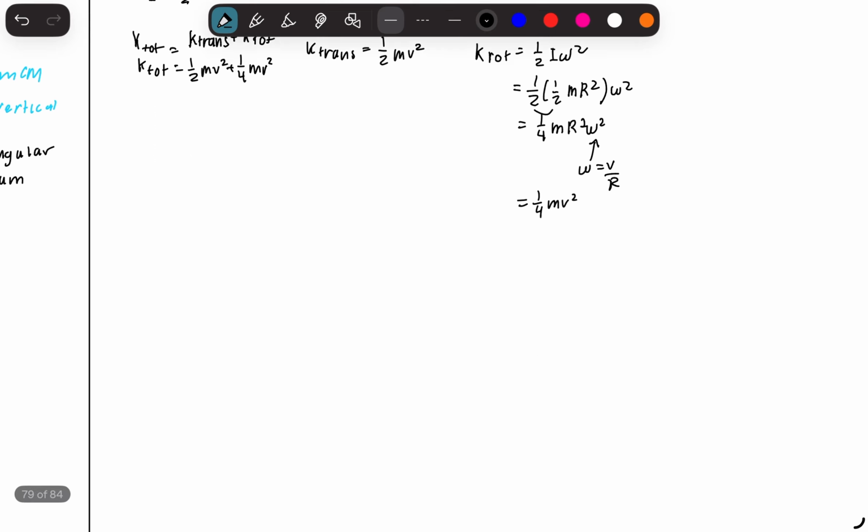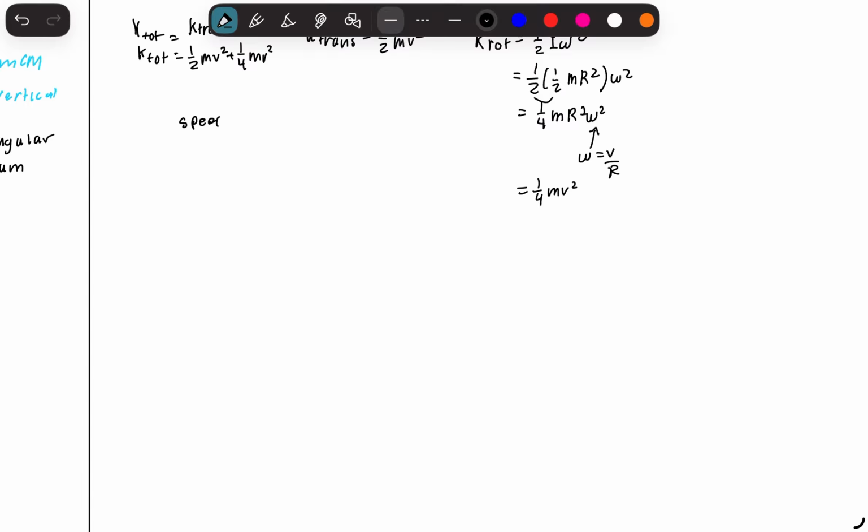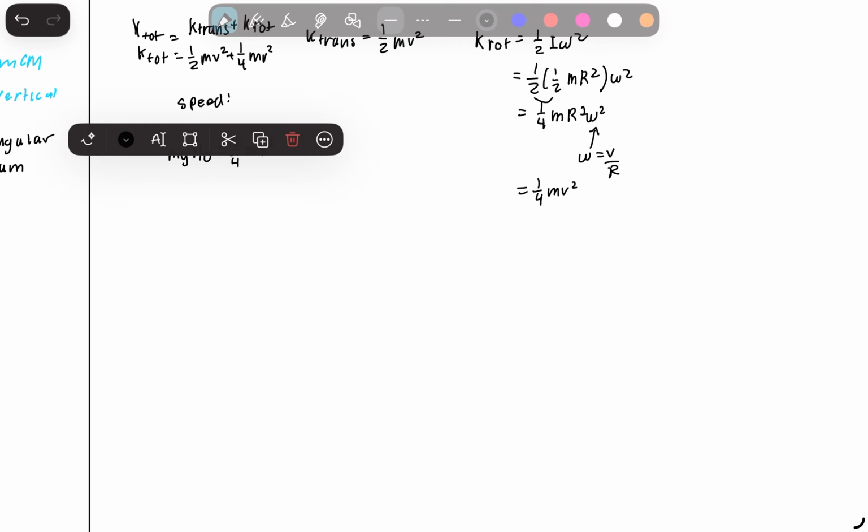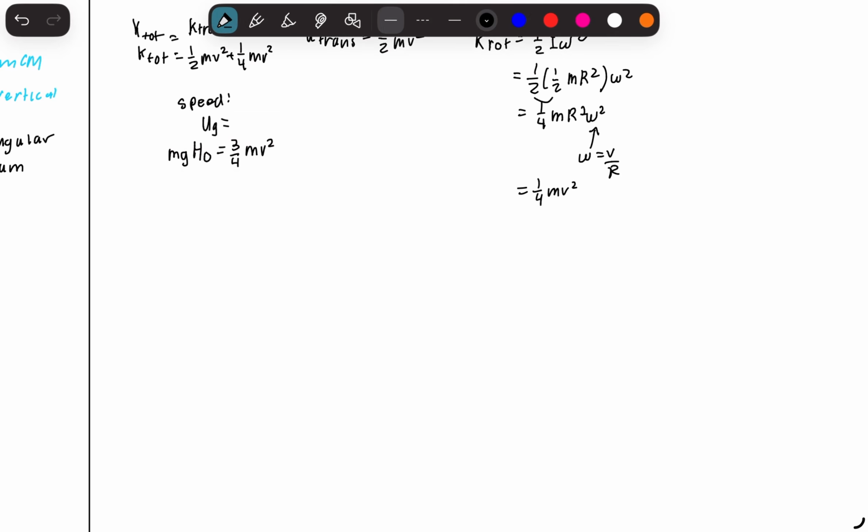Now, if we solve for speed, we know mgh initial, large H initial, is equal to 3 over 4 mv squared. This comes from knowing that our U_G is equal to our kinetic energy total. This is because there's energy conservation.